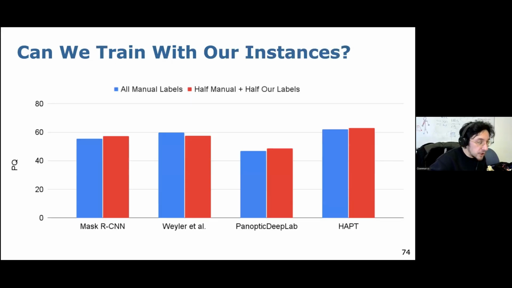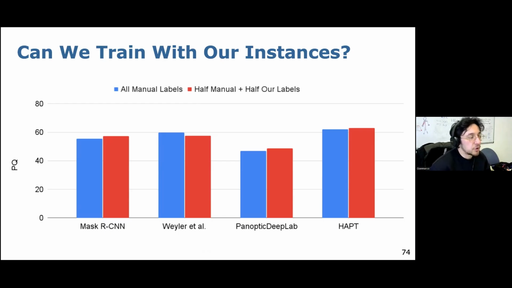And we show here the performance of different networks trained on our instances. On the x-axis, we see four different architectures, so four different networks. On the y-axis, the metric of the panoptic quality. The results in blue are training the network on manual labels, so using 100% of human annotations, and this is the average over different datasets.